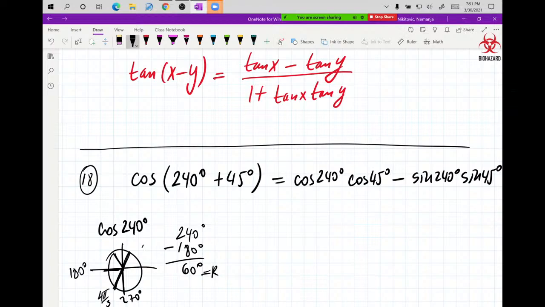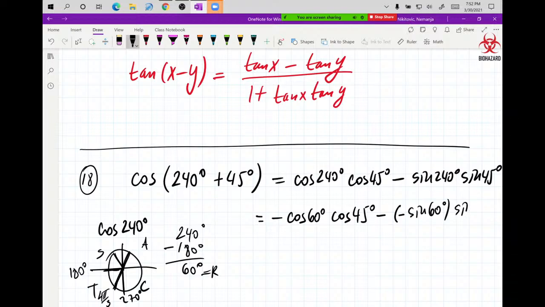All students take calculus, cosine is negative, so negative cosine of 60 degrees, cosine 45 degrees, minus sine is also negative in that one, so negative sine of 60 degrees times sine of 45 degrees.